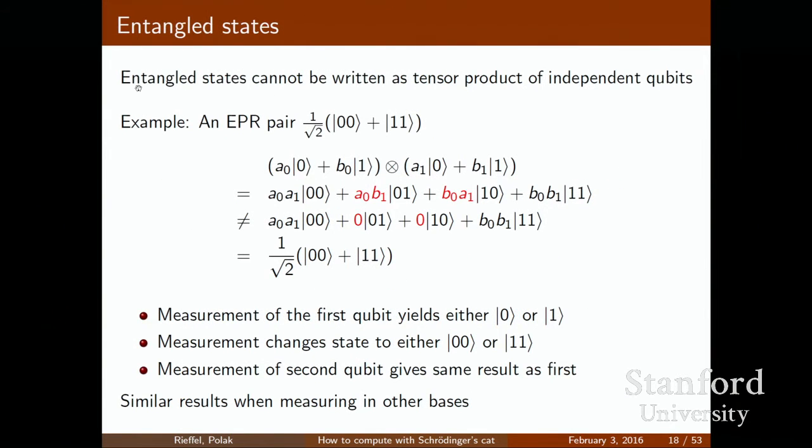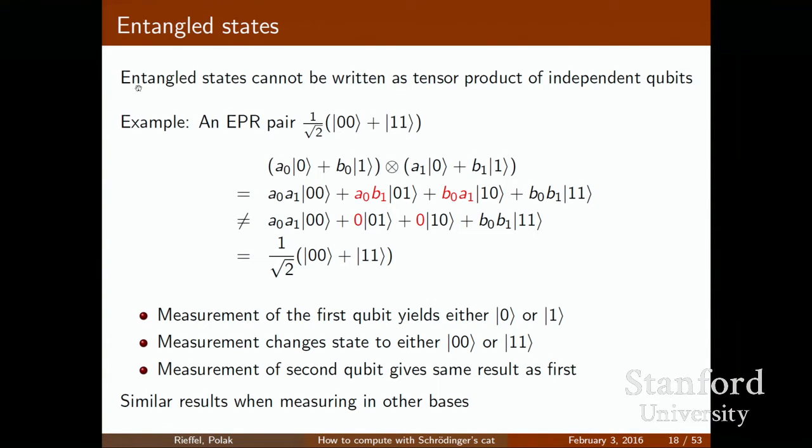Okay, so I said that entangled states cannot be written as independent qubits. Here is one particular entangled state, and it has its own name. It's called an EPR pair, and the EPR stands for Einstein, Podolsky, and Rosen. It has this form: an equal superposition of these two basis vectors. I'll just show here that this cannot be written as a tensor product of two individual qubits.